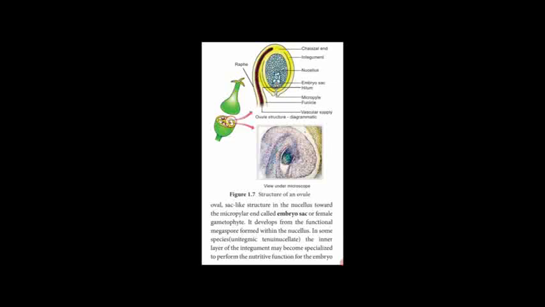So two types of regions or tissues are present. Thick-walled cells present above the micropylar region and above the embryo sac are called the epistase. In the chalaza end, a group of cells present between the chalaza end and the embryo sac is called the hypostase.